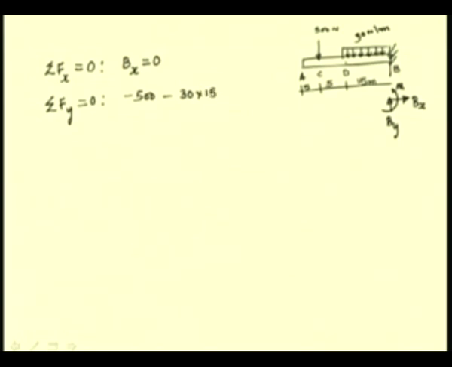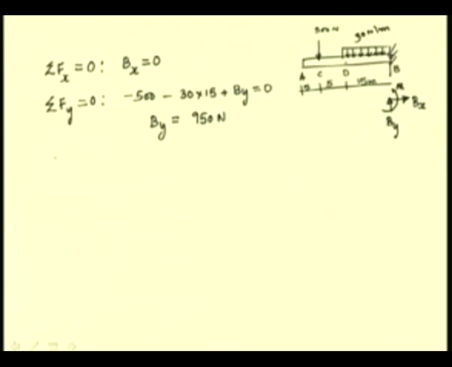And we have the vertical component of reaction By equal to 0. From this we get By as 950 newtons.